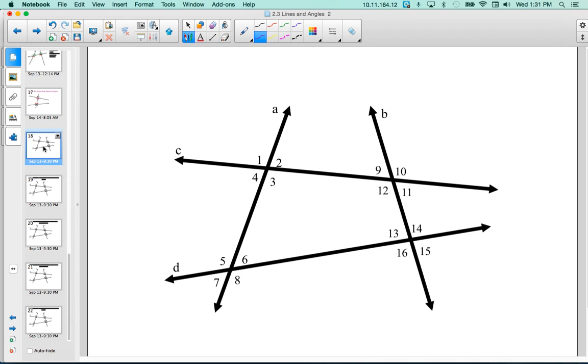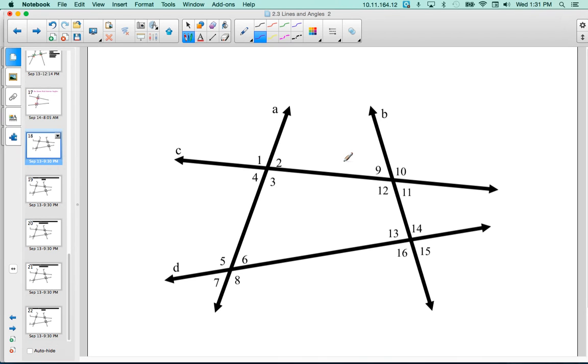Here's where it gets a little difficult because now what we have here is a diagram where we've got four different transversals because I could say any one of these lines, A, B, C, or D, are transversals. So in order to determine all of these different angle pairs, whether they're corresponding, alternate interior angles, same side interior angles, alternate exterior angles, we need to identify what our transversal is.